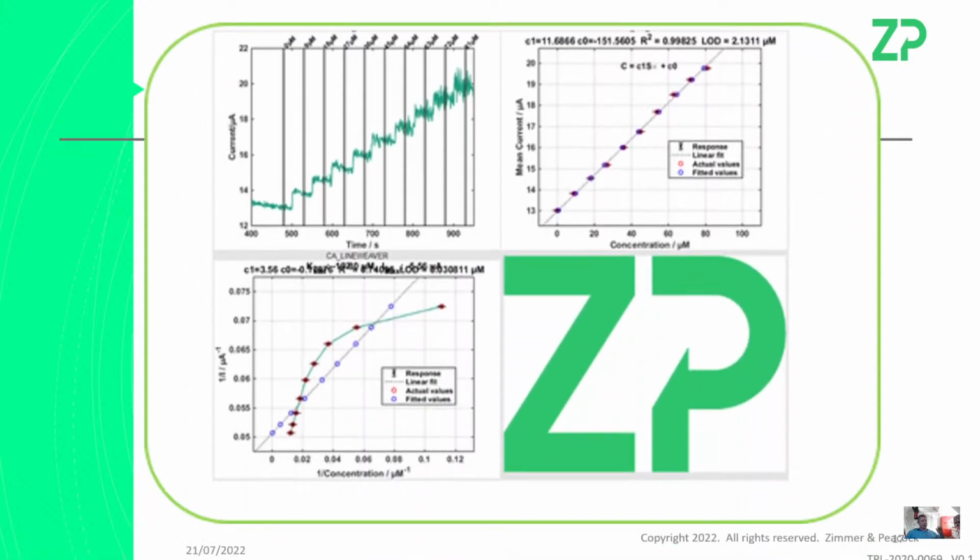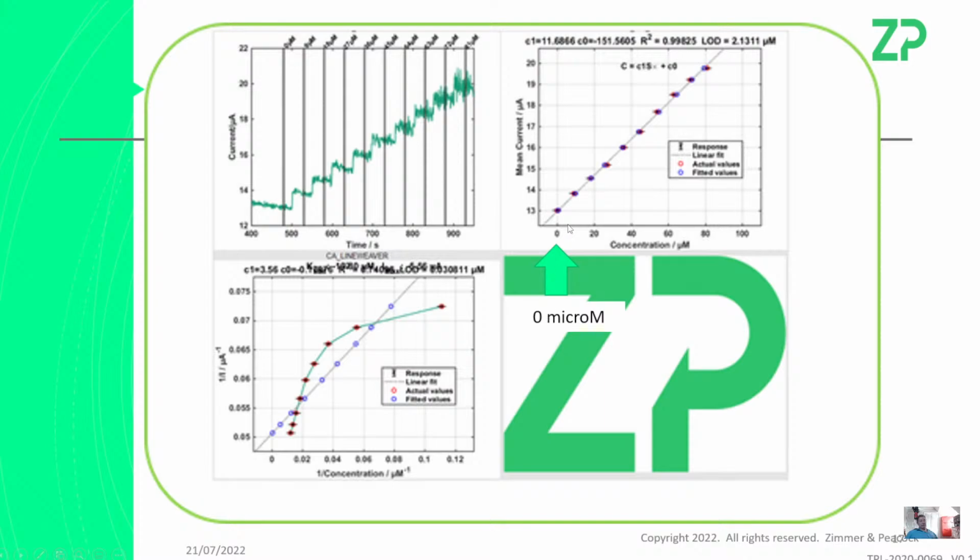So they were asking about the range. When I look at this, we start off by testing 0 micromolar. So along here I have 0 micromolar. Then the first test we run is actually at 10, 20, 30, and then we're getting close to 40, and we go up to about 80.